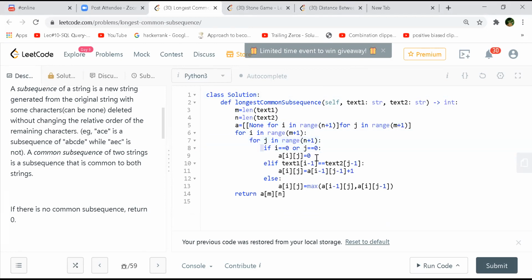If both are empty, then it will be zero, because otherwise if the last two characters are the same, then you take 1 plus the diagonal element. Otherwise, max of one row above and one column to the left. Whichever is max, just take it and put it there. Correct. Yeah, this will be the bottom-up approach.